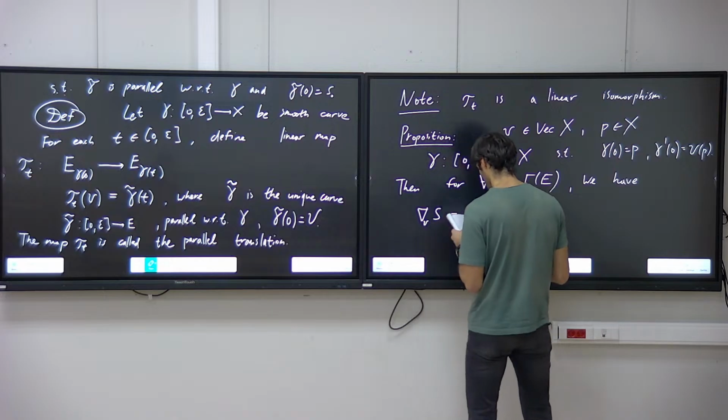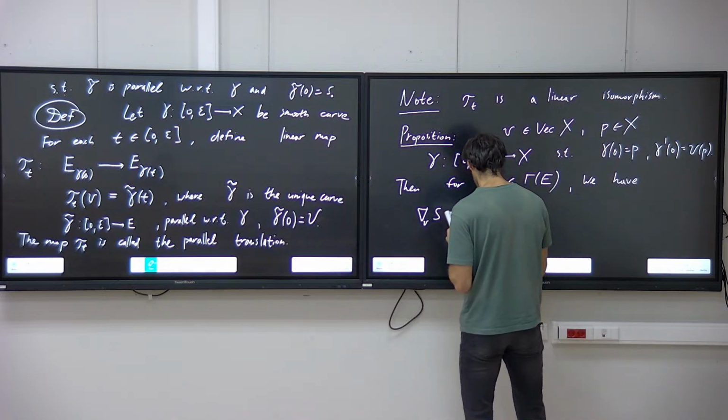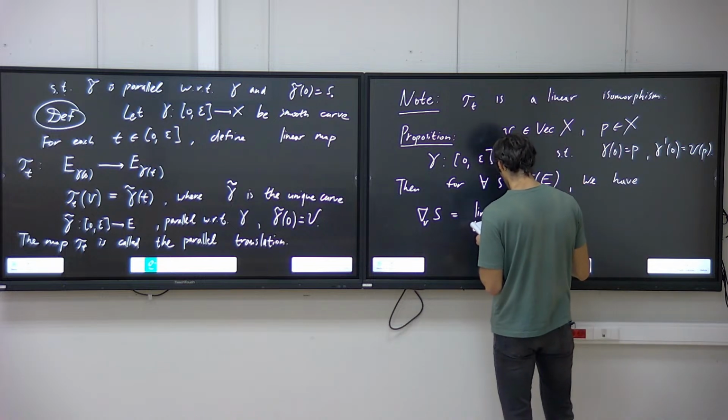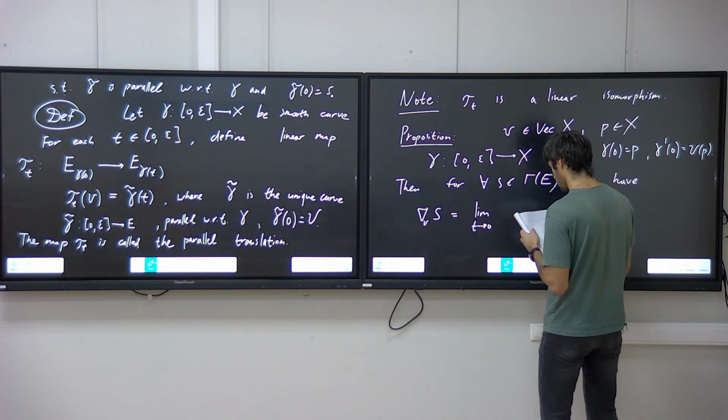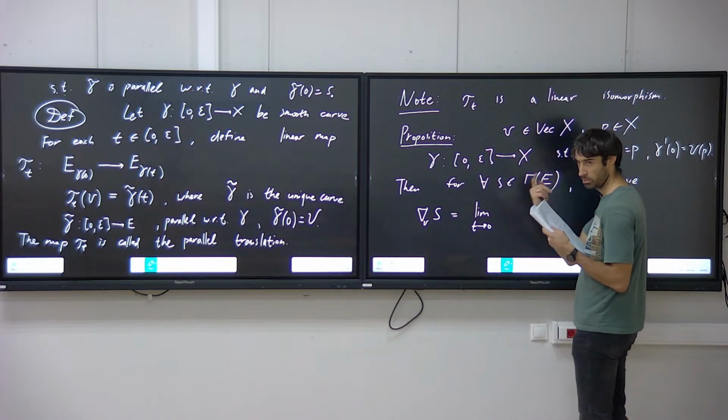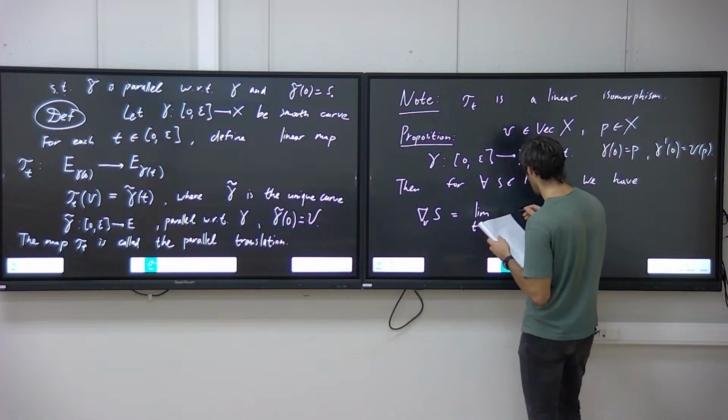The limit as t goes to 0, so our usual notion of derivative. But then I have to shift my S somehow from the point P, right?